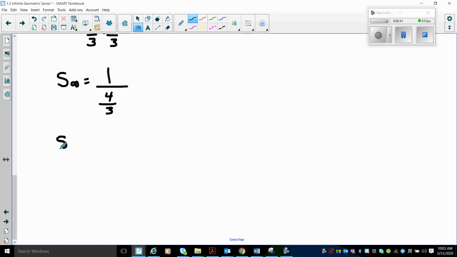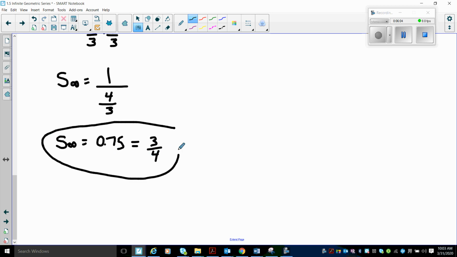At this point, I could keep doing it by hand and multiply by the reciprocal, or I could switch to my calculator and go 1 divided by 4 thirds, which gives me 0.75. If I did the non-calculator way, when I flip the bottom it becomes 3/4, and times 1, it's still 3/4. Either way, you get the same answer.